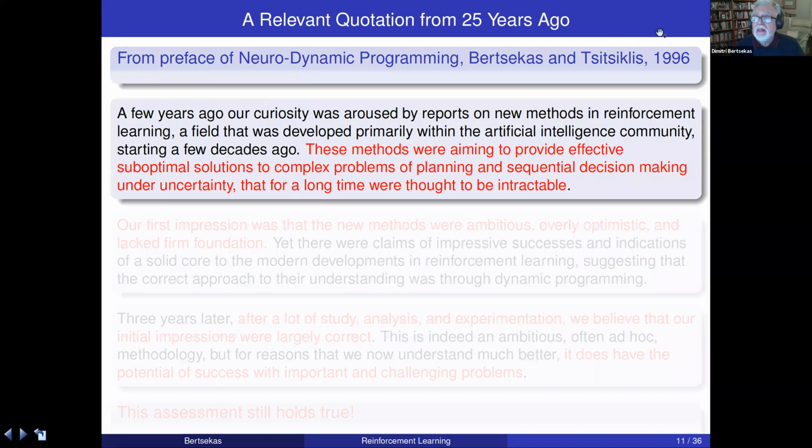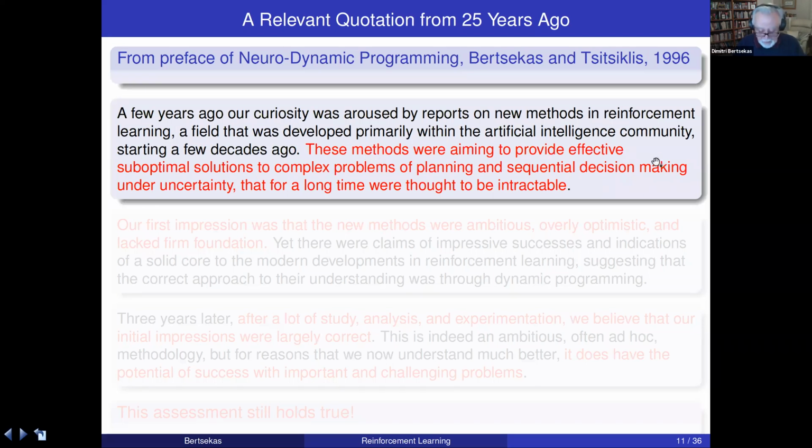Okay, let me also put up a quotation from the neurodynamic programming book that I wrote 25 years ago with John Tsitsiklis. This quotation is long. However, you can read it at your leisure, but it sort of characterized the field at that time, and it also still characterizes the field now.